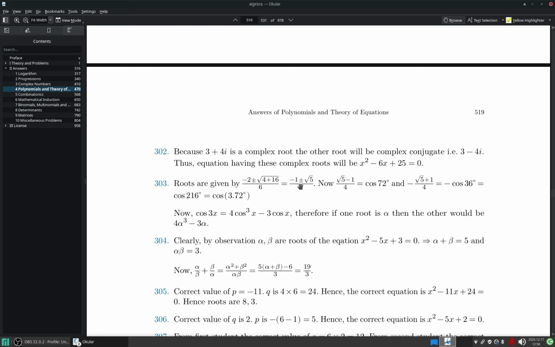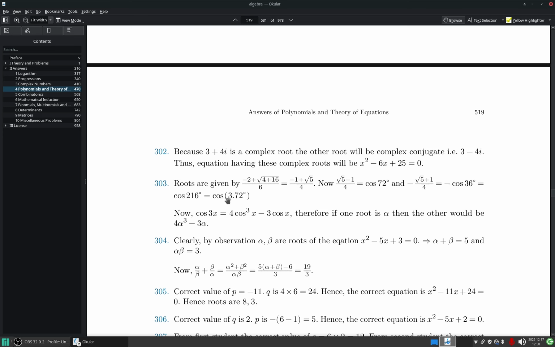That is minus 1 plus minus square root of 5 by 4. Now square root of 5 minus 1 by 4 is cos 72 degree, and minus square root of 5 plus 1 by 4 is minus cos 36 degree, which is equal to cos 216 degree.